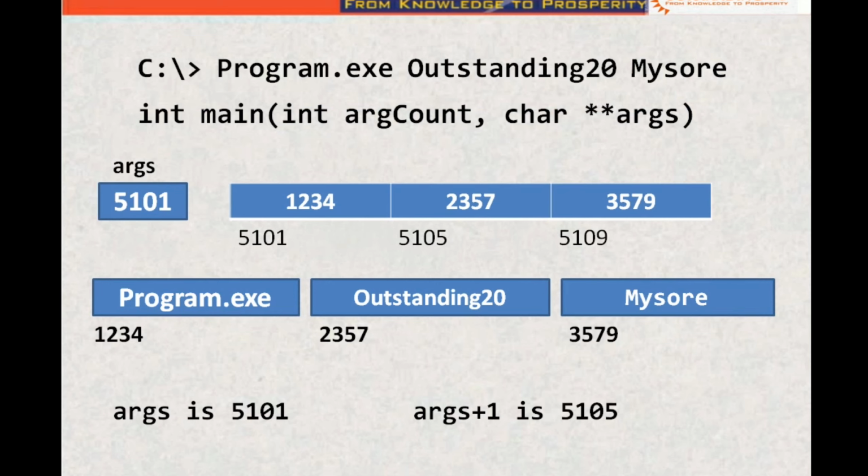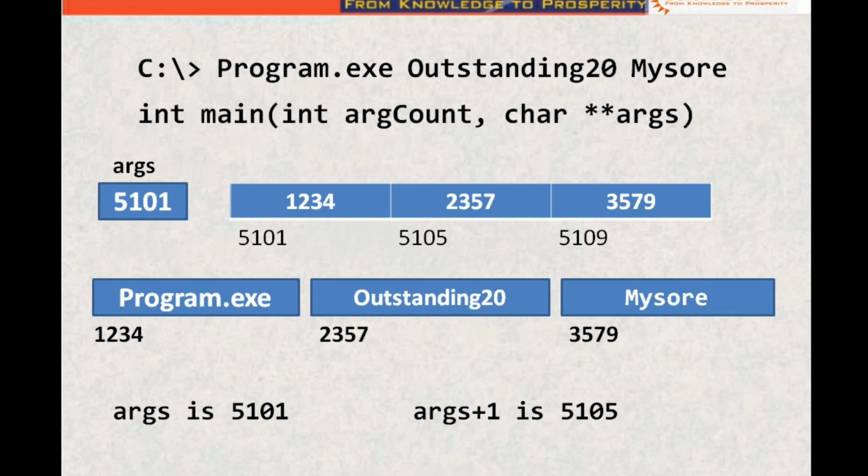The strings given in the command line here are program.exe, which happens to be the command itself, Outstanding 20 is the second argument, and Mysuru is the third argument. Thus, when we say args, what we get is 5101, which is nothing but the address held by the pointer args.